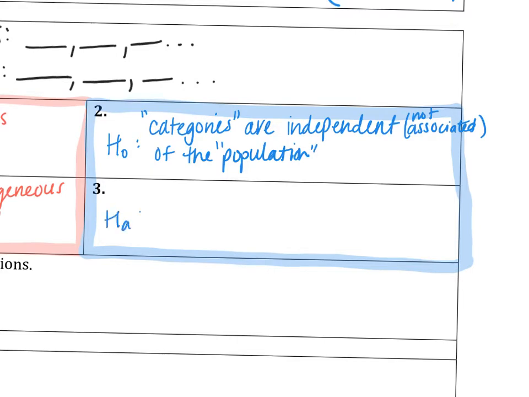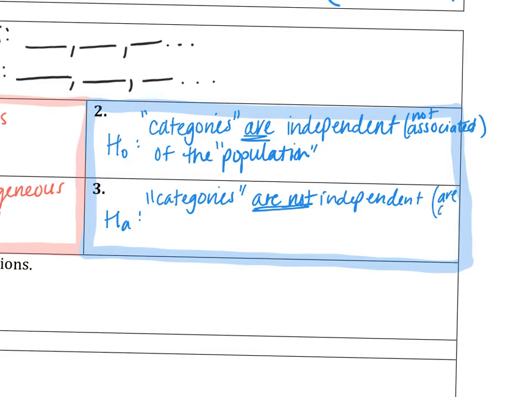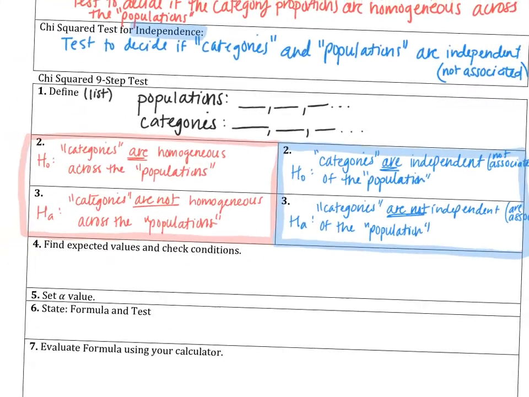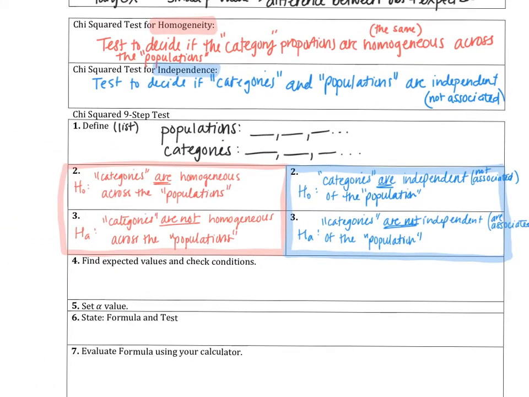And the alternate is that the categories are not independent, or they are associated, of the population. These will be the same every single time. So these are always the same.